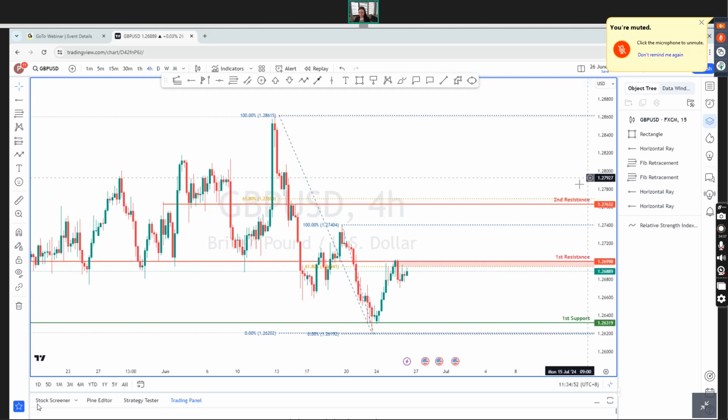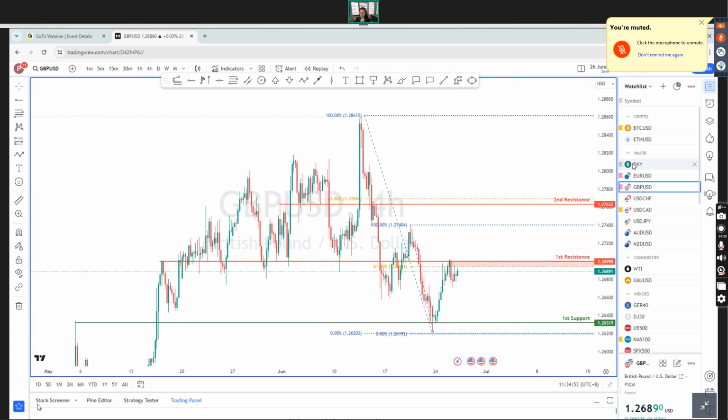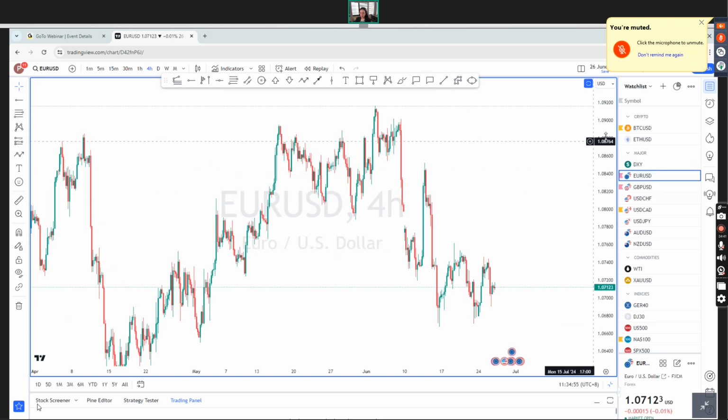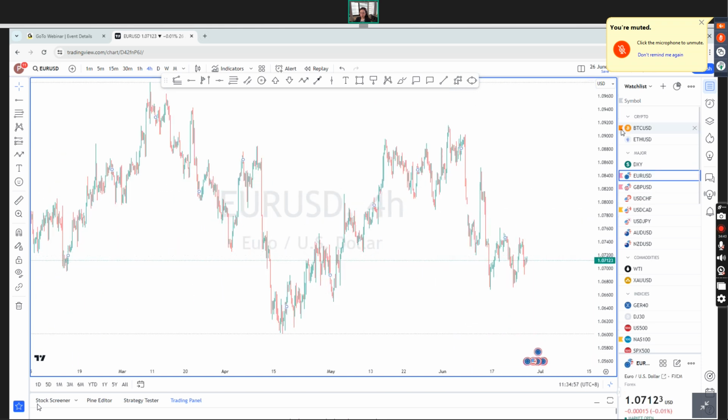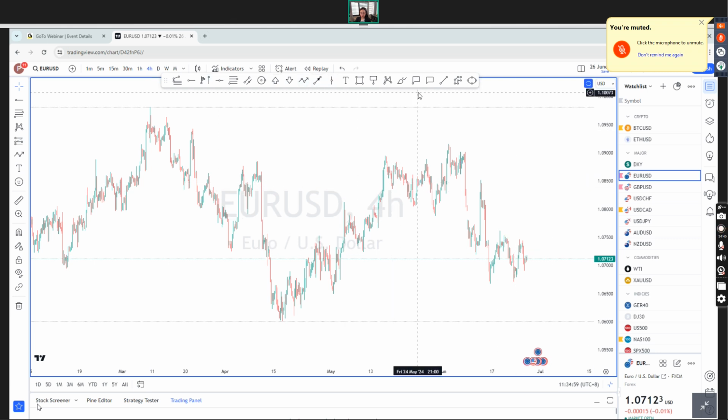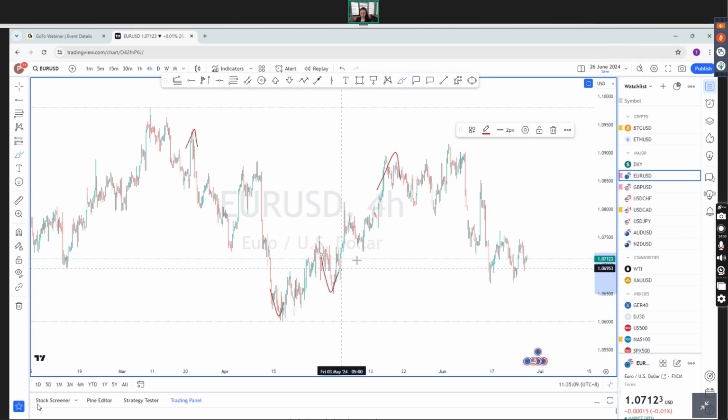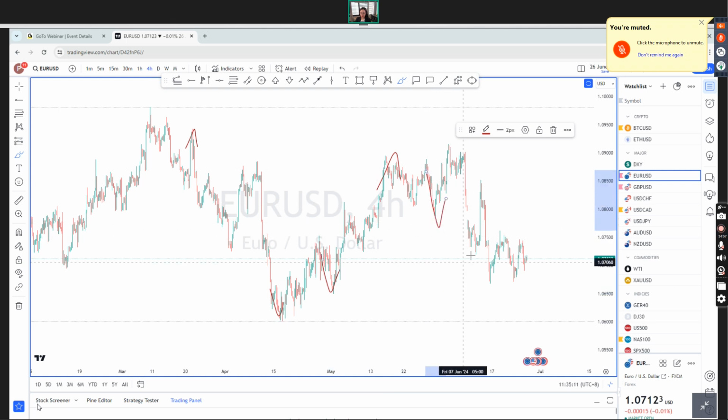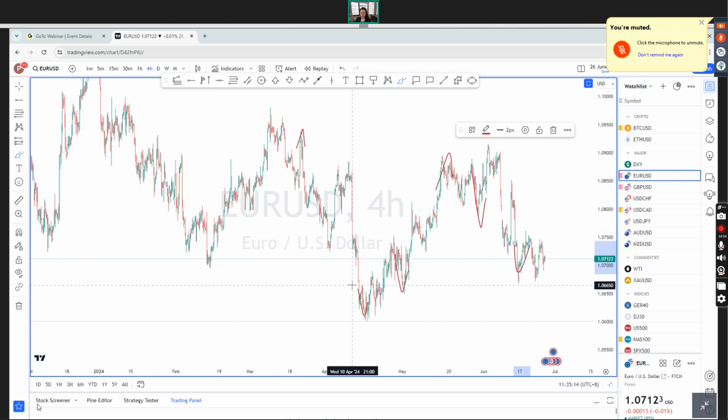Okay, now this is how you identify. Let's just look at EU. Okay, now EU very closely. Where is your resistance level? This could be your resistance level, your support, your support, your support here, and your support here.